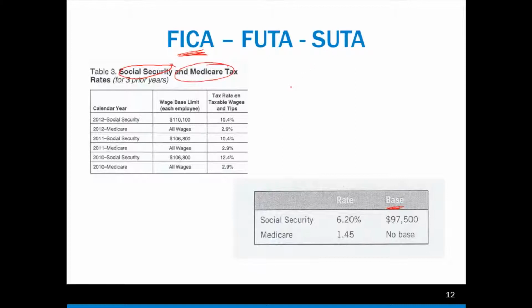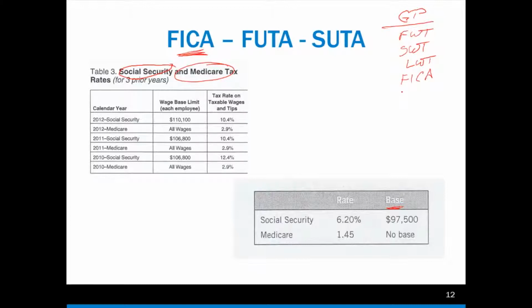Now, I'm going to sidestep real quick here and explain something. In the previous videos, we had our gross pay. And then out of that we had our deductions: federal, state, local, and then we had our FICA.